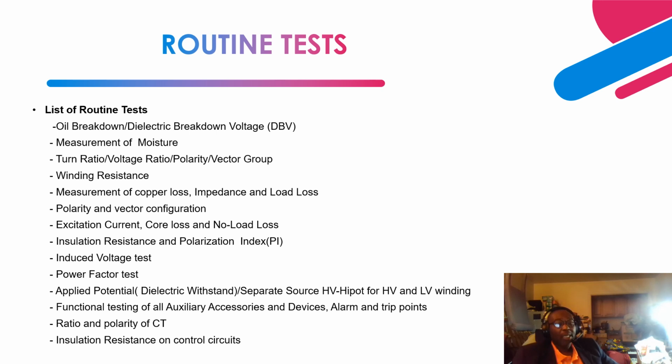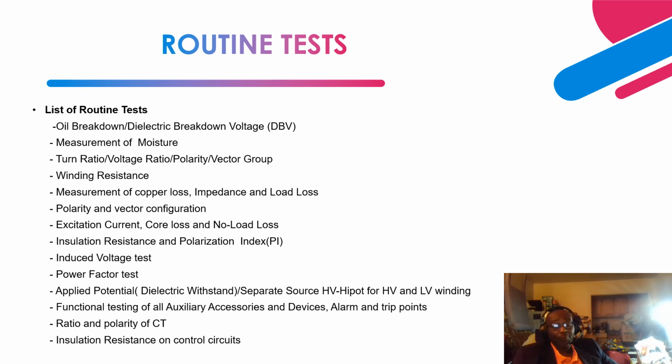As you can see here, the turns ratio will be different on different taps. If you have a de-energized tap changer, the turns ratios are going to be different, so you perform this testing on each de-energized tap level, and also on each load tap changer level.